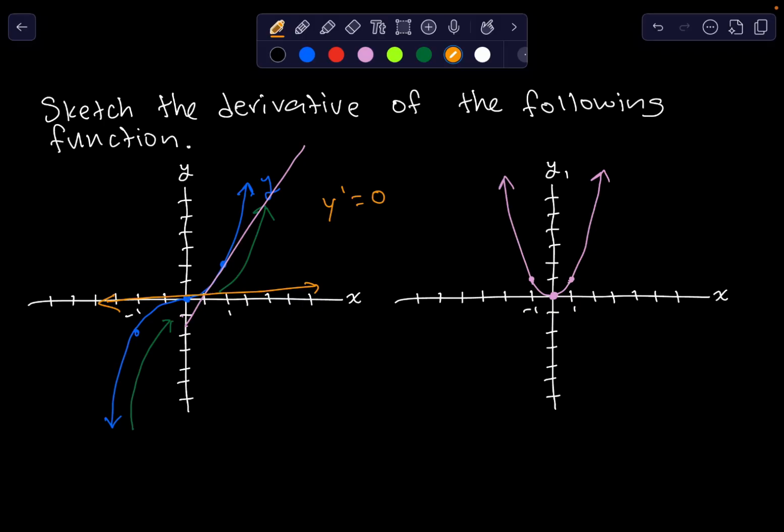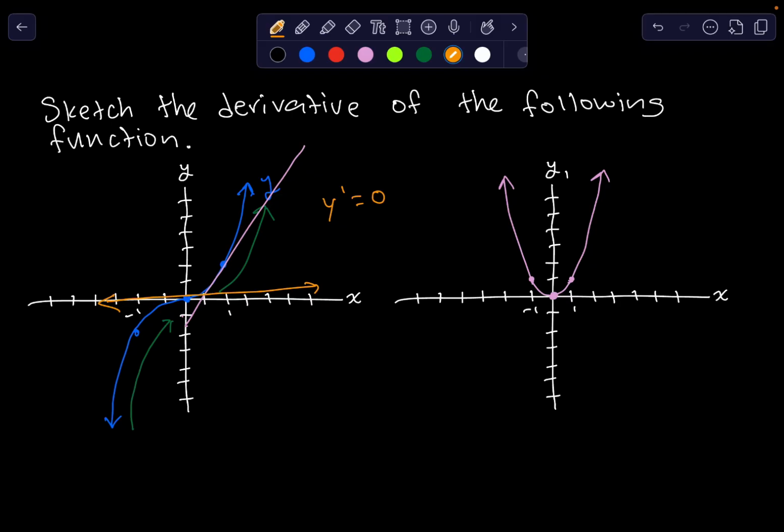Whenever you see a derivative value of 0, it doesn't mean we're going to cross the x-axis at this point and change our rate of change from positive to negative or negative to positive. So don't fall for that trap in case you see that on a test or something.